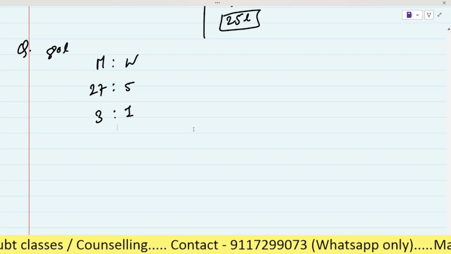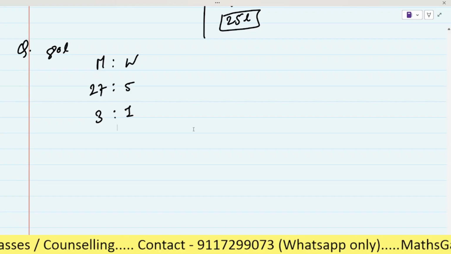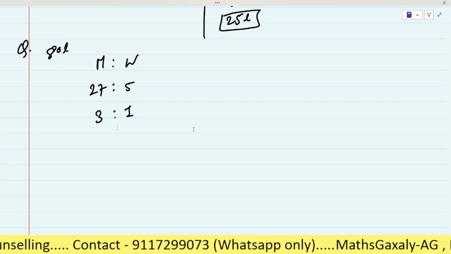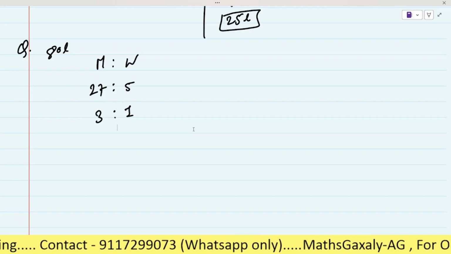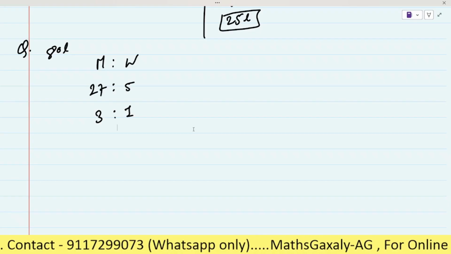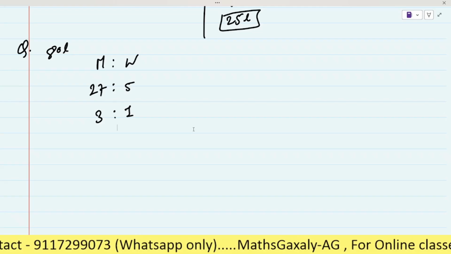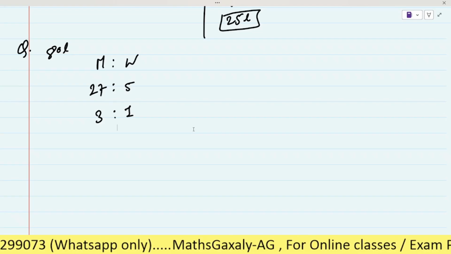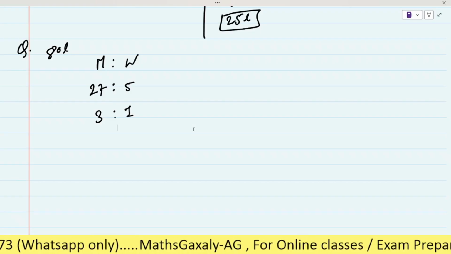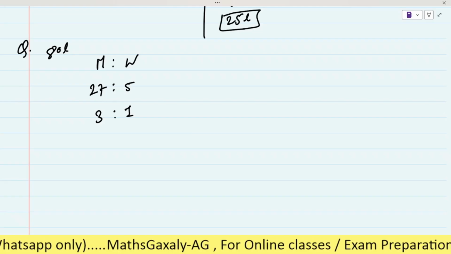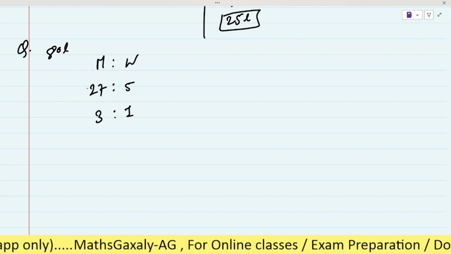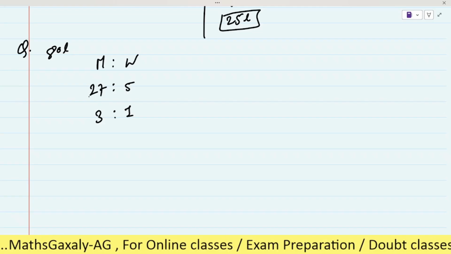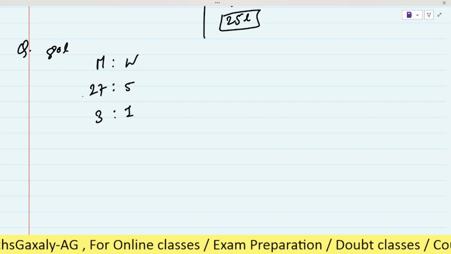Let's see here how we will do it by the short tricks. Okay. So as you can see here, 80 liter it was initially, right? And it contained the mixture of milk and water in the ratio 27 is to 5. Okay. So here it says how much more water is to be added to get a mixture. Here it is talking about adding water. It means here the milk should be as it is, right? But as you can see here, there is a change in the milk also.